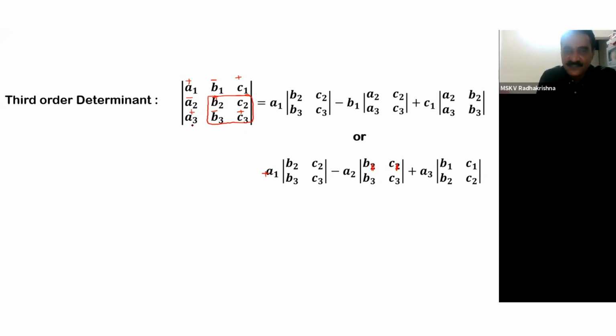And again plus A3 into the remaining subdeterminant B1, C1, B2, C2. This value will be equal to the previous two values. Earlier we expanded using first row and second row. Now the same value you will get this way also. Understood? So this is the method of finding the value of a determinant.